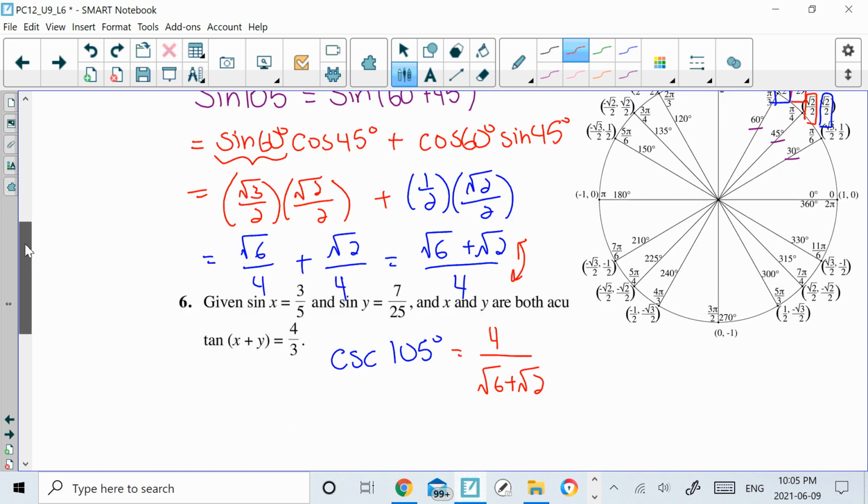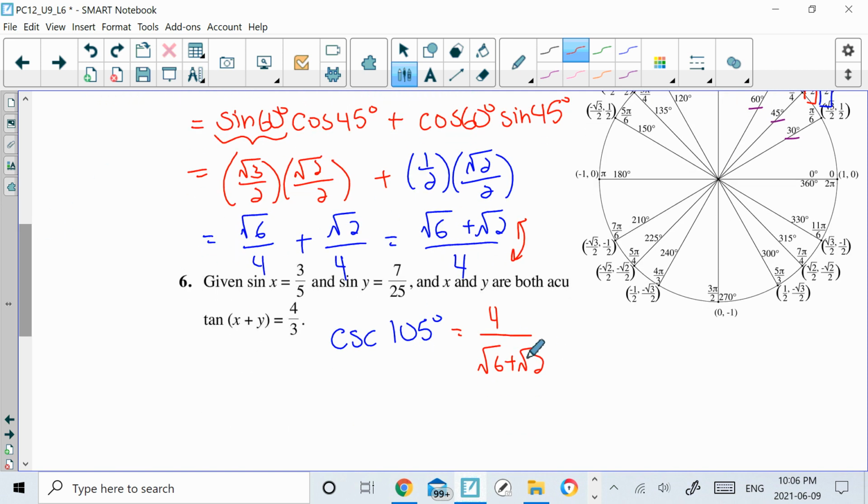What you need to realize is this is something from Math 20-1. We cannot have radicals in the denominator, so we need to rationalize it. Because this is 2 terms, it's going to be rationalized by multiplying by the conjugate. The conjugate of root 6 plus root 2 is root 6 minus root 2. What you do to the bottom, we're going to do to the top.